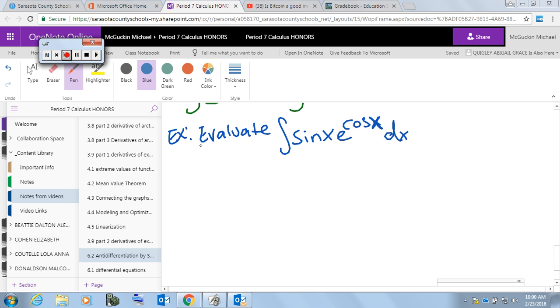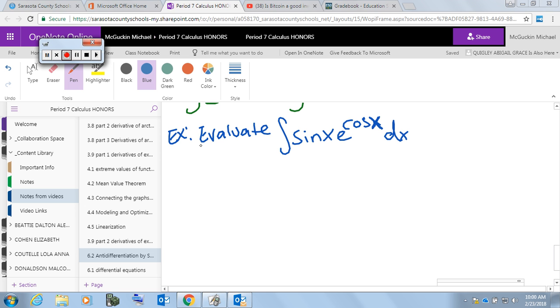Normally e to the x would be great, but now we're dealing with cosine of x as that exponent. Well, there's definitely a good relationship between cosine of x and sine of x. We know the derivative of cosine of x is negative sine of x, and the antiderivative of sine of x is negative cosine of x. So there's a strong relationship between this exponent in e to the u and sine of x.